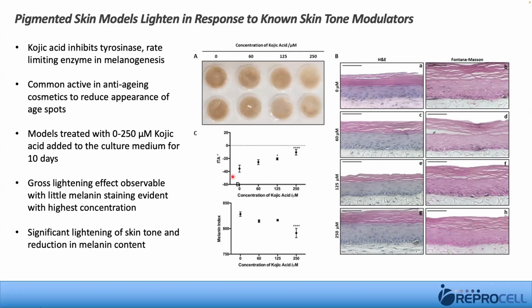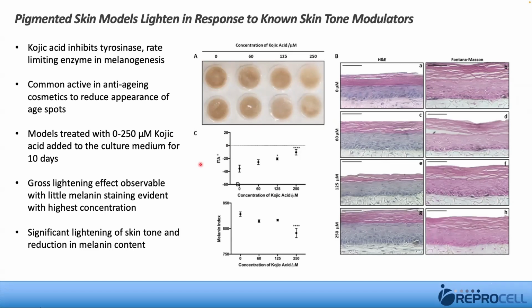We can record from the models. These are actually the gross photography of the models here. You can see in this photograph, you see them lightening, but we can use a device called the Color Catch, and I'll show you that on the next slide.